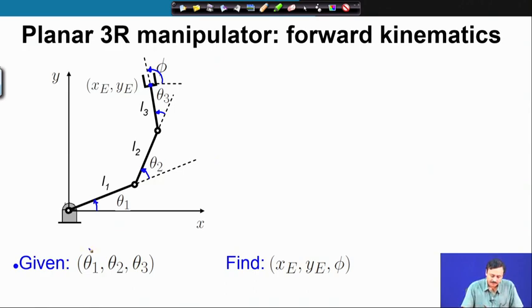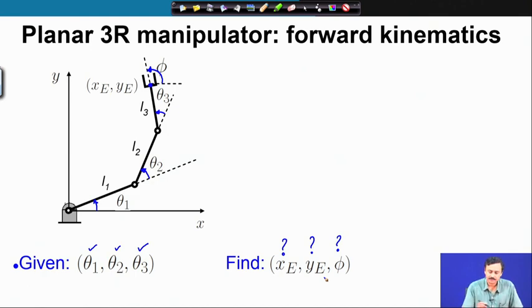So, given theta 1, theta 2, theta 3, the forward kinematics problem is to find out x e, y e and phi. x e, y e are the locational coordinates of the end effector, and phi is the orientation angle of the end effector.